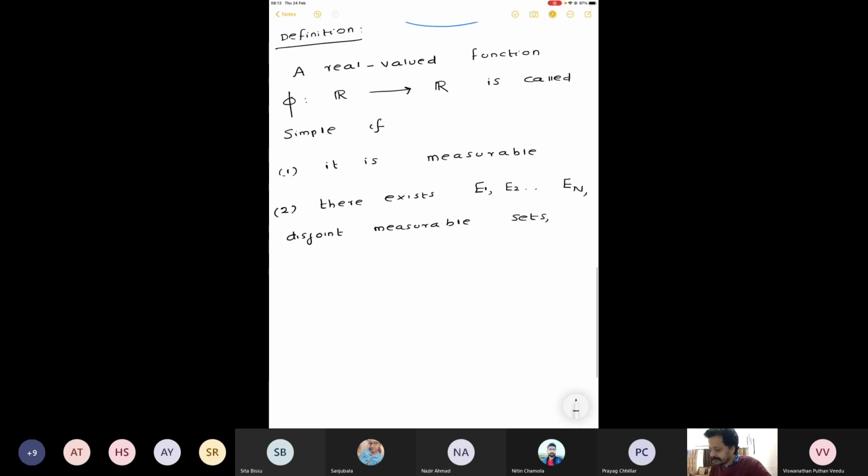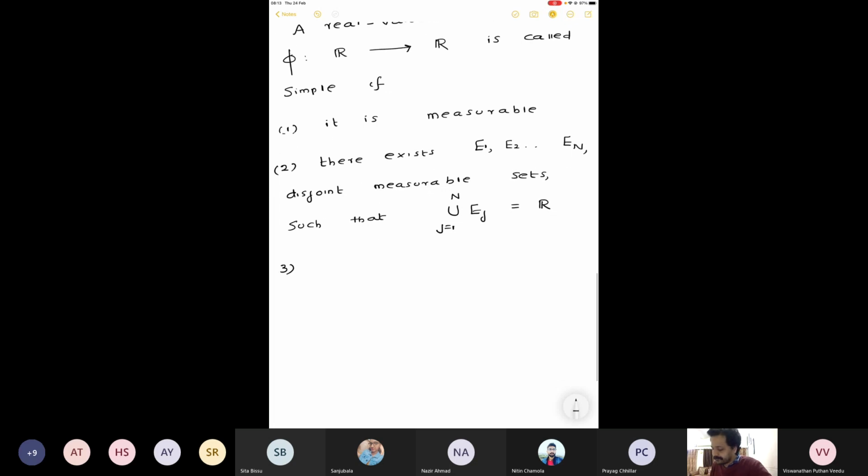Such that their union gives you the whole domain. In our case, the union of Ej is equal to R, j is equal to 1 to n.